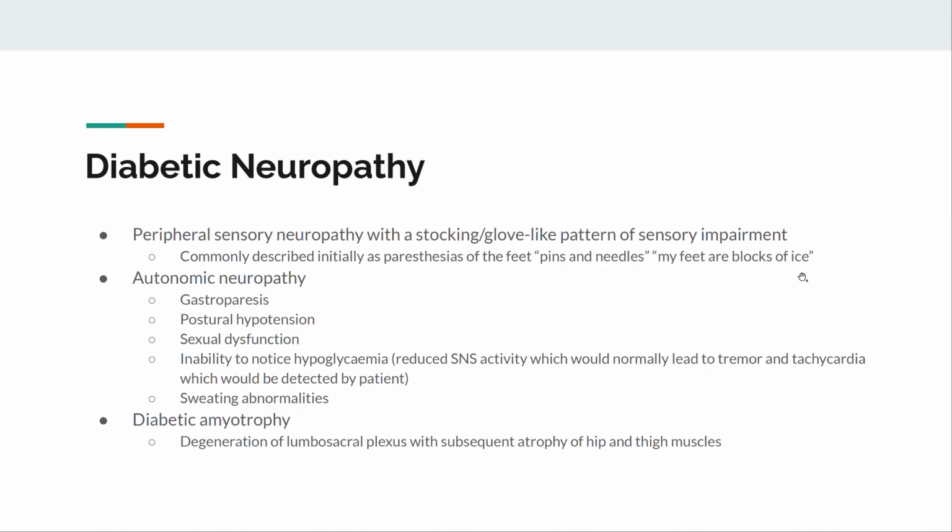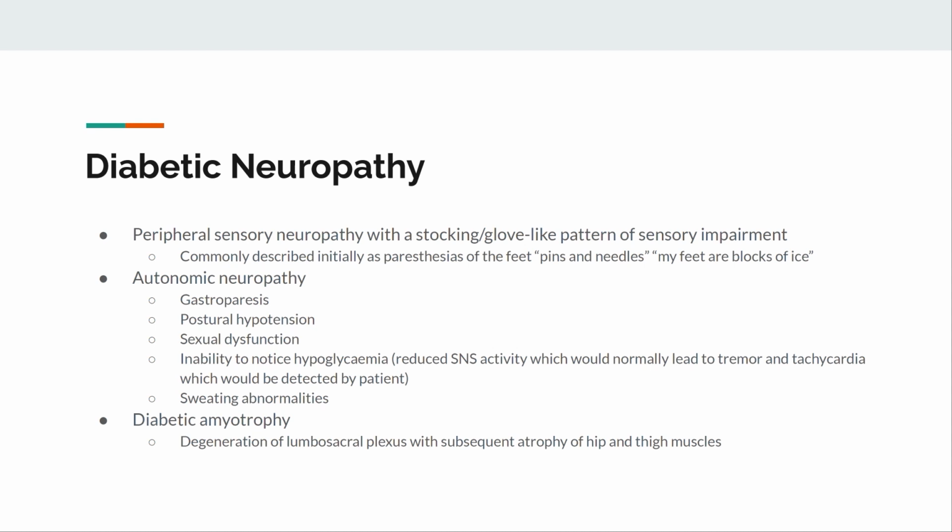Diabetic neuropathy. There are a couple of different kinds. Here are some I've highlighted. You've got the sensory neuropathy, which is the loss of proprioception and vibration sensation in the peripheral limbs, especially the hands and feet, paresthesias like pins and needles, or just not feeling your feet.